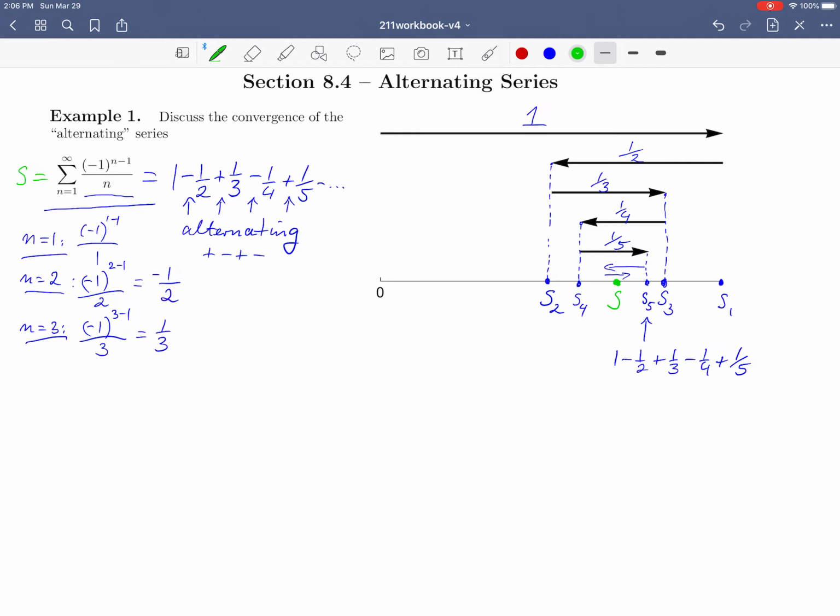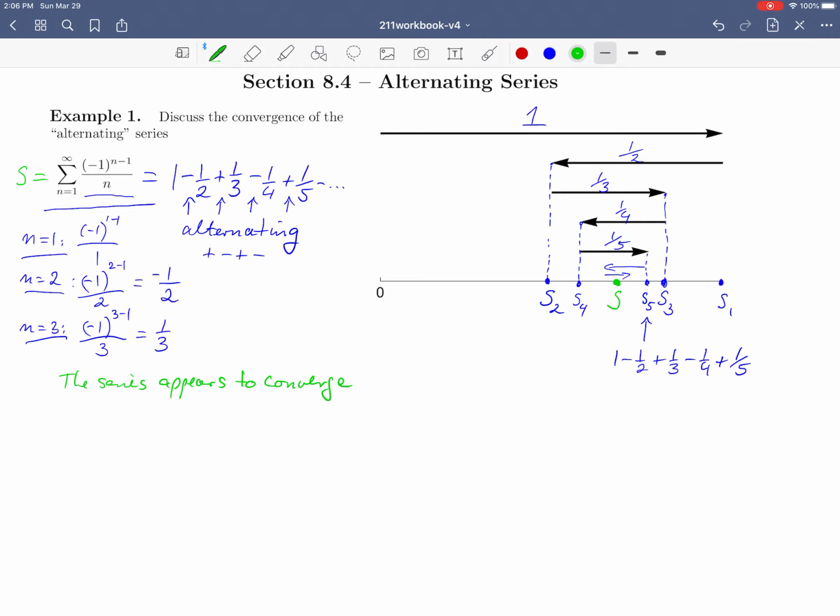I'm going to call that S. S is the value of this entire series. This back and forth is going to zero in on this value S. So it looks like this series converges to the value S, to this particular number.